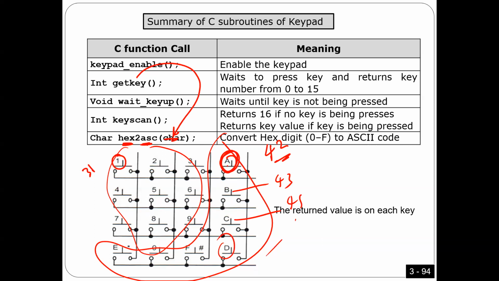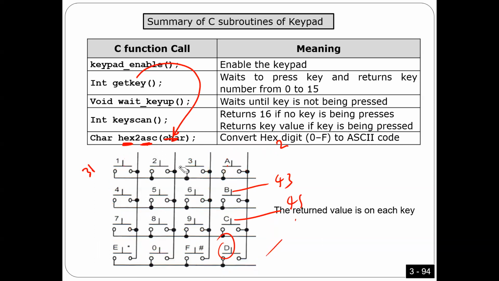Whatever you get from the keypad, you can send it to this function, called hexadecimal to ASCII. It's going to check and do everything. If it is between 0 and 9, it adds 30. If it is one of these, it returns 42, 43, 45, and so on.